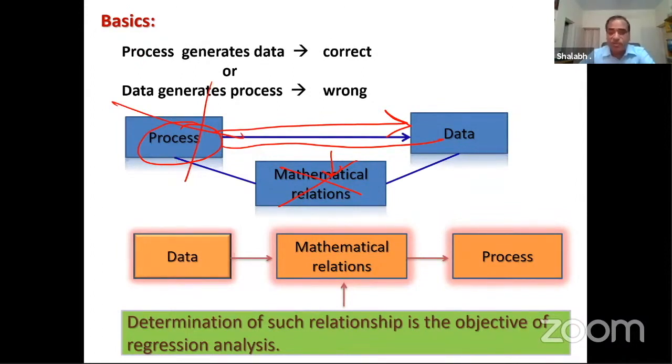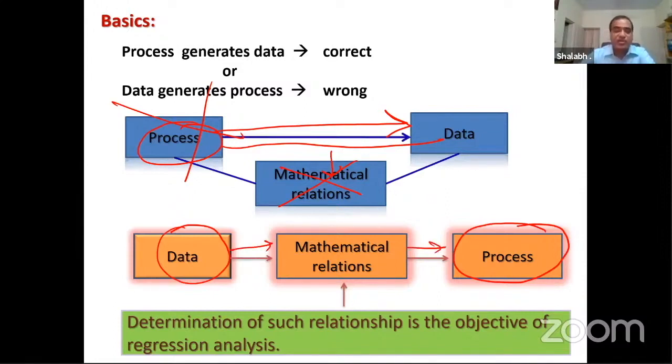If you look at how people are doing the Corona modeling, they are simply trying to collect the data, and then they are trying to find out the way this Corona is propagating. Using this data, they are trying to establish a mathematical relationship with the process.